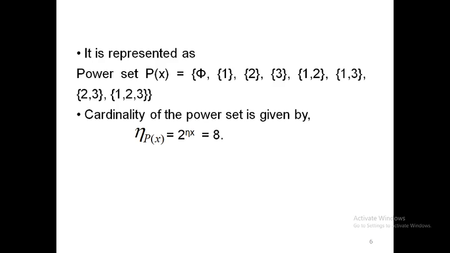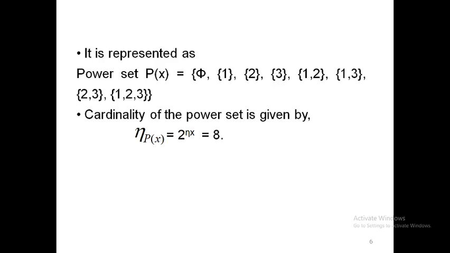If you have 4 elements, even this set may not be with numbers. It can be with alphabets also. Let us consider {A, B, C, D} as one set. What is the cardinality of that set? How many letters are there? 4. The cardinality of that set is 4.